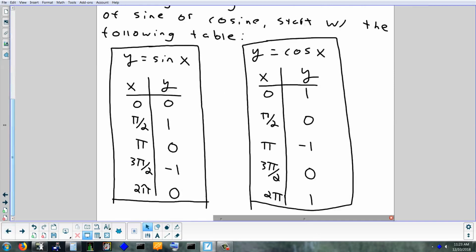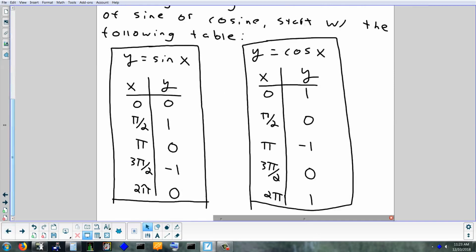We're going to start off with some pretty basic ones today and tomorrow. We're just going to do one transformation per problem, meaning maybe we'll just shift up and that's it. We're not going to put a shift up and a shift left in the same problem till we get to Wednesday.